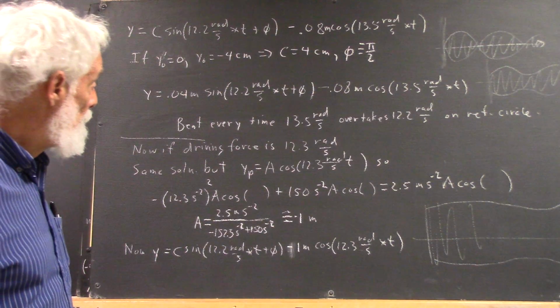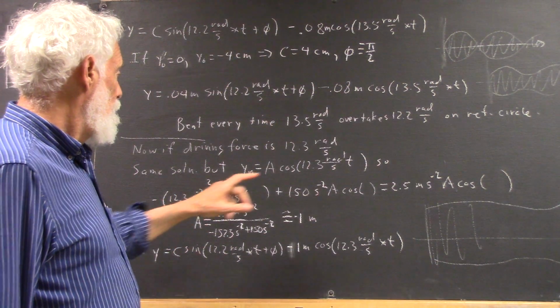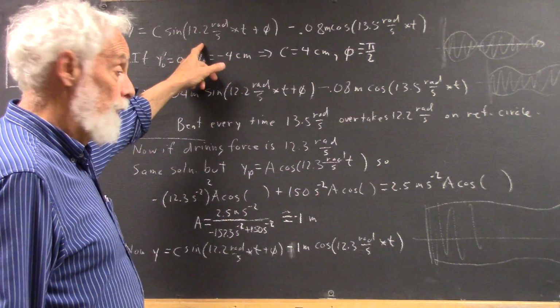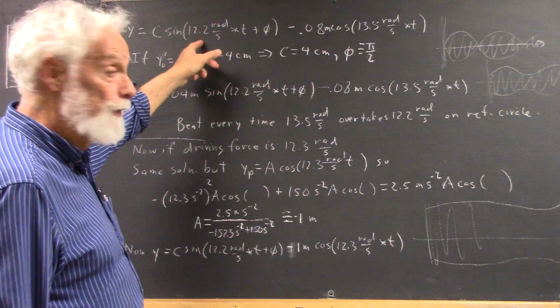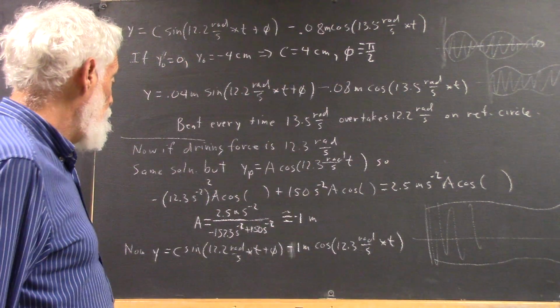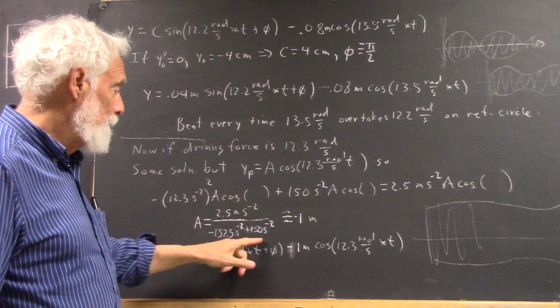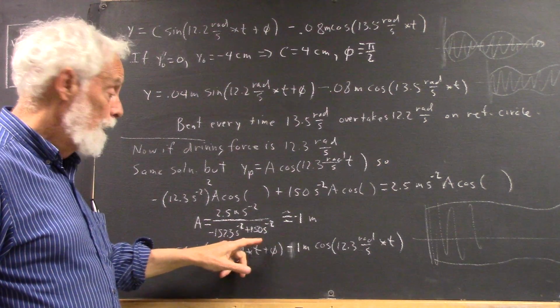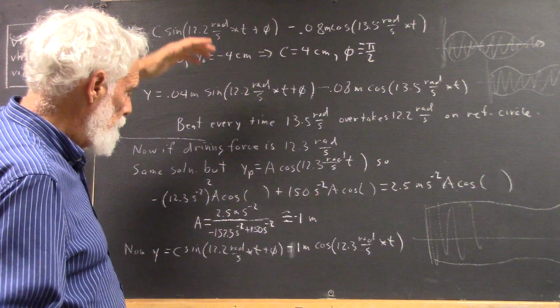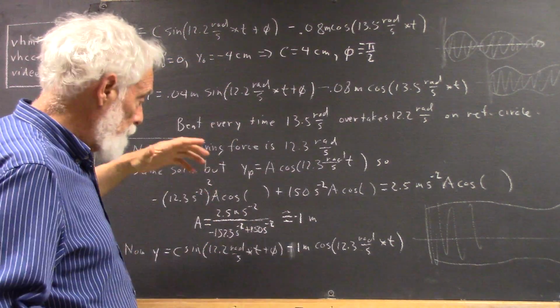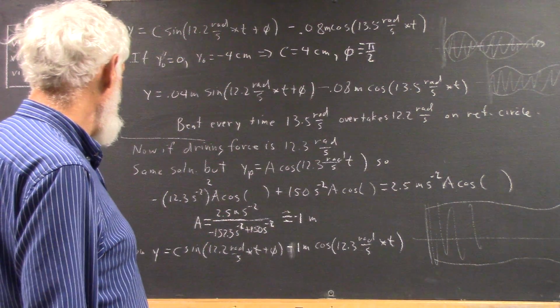And in the limit, as this approaches the exact value of this, this denominator is going to get smaller and smaller, which means your amplitude is going to get bigger and bigger. That's what we mean by an approach to resonance.